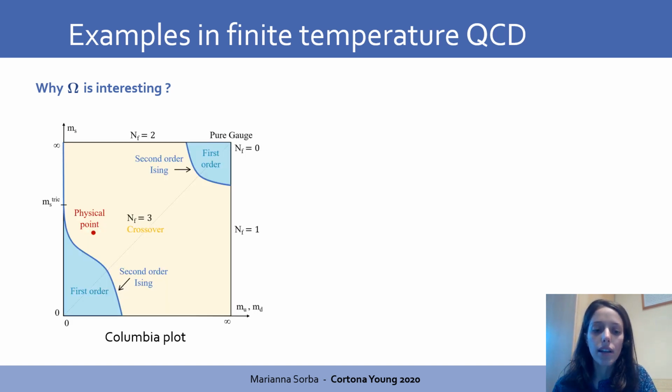For example, studying the Columbia plot, which is a well-known plot where it is depicted the nature of the phase transitions of QCD as a function of the quark masses, we can see that there are 2 regions of first-order phase transitions ending in lines of second-order phase transition that are thought to be of the Ising type.